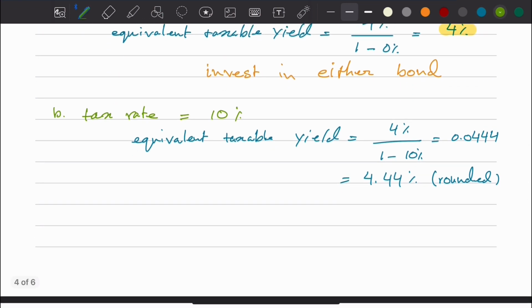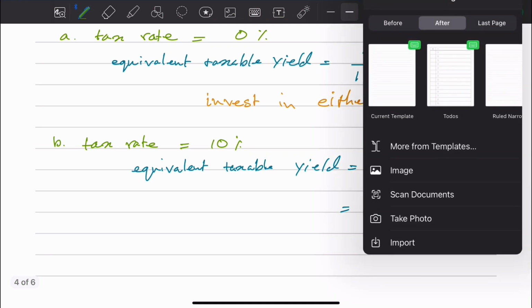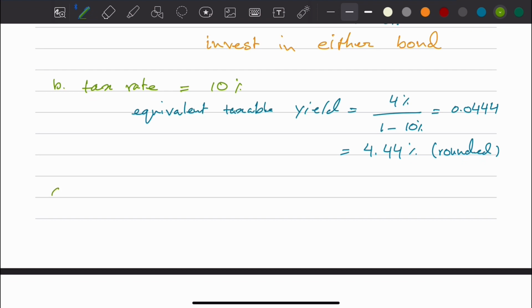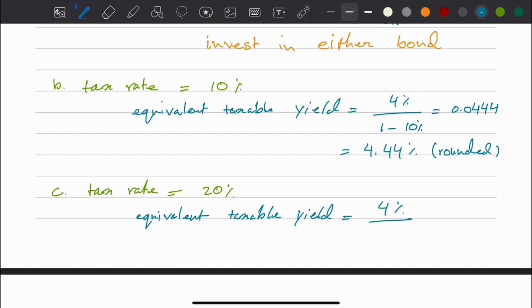Let's now see the third scenario. Let's add an extra page. We're going to need it. C, the tax rate equals 20% this time. The equivalent taxable yield, 4% on the municipal bond over 1 minus 20%.